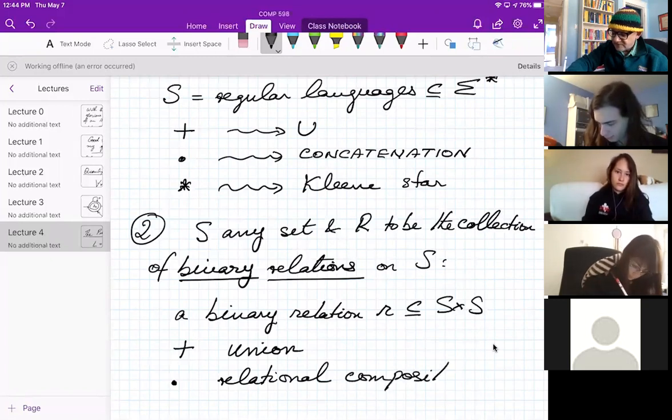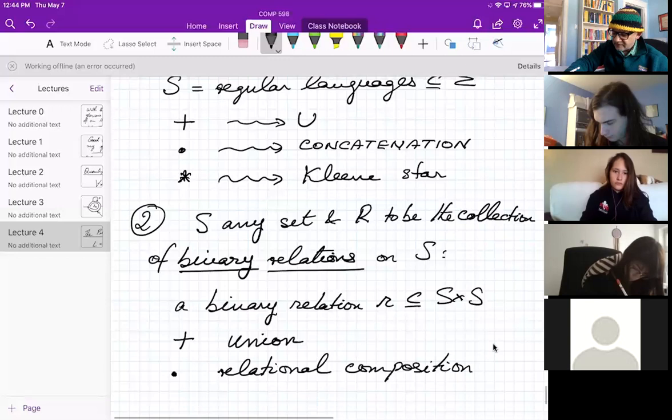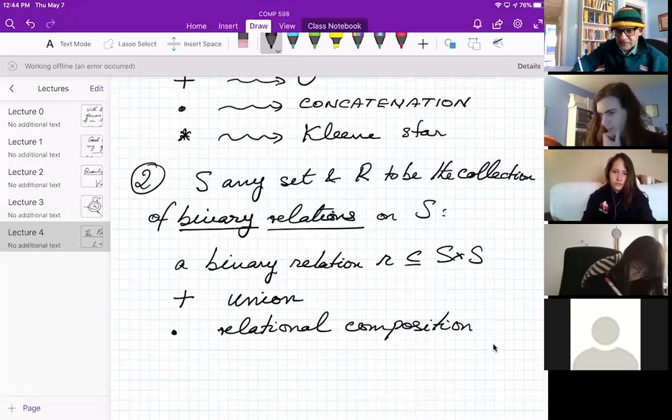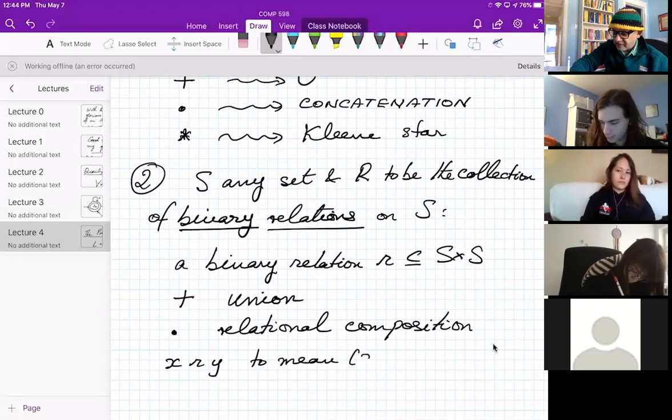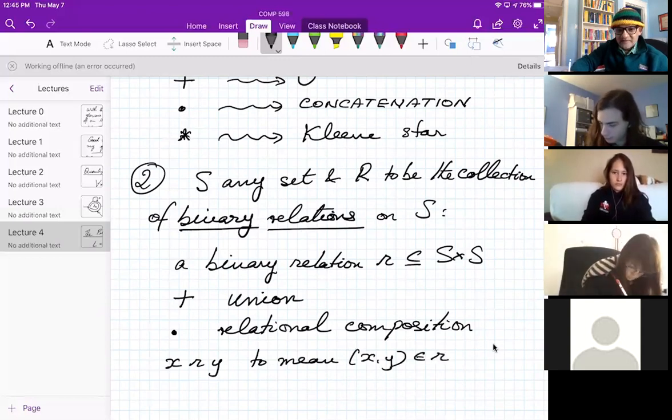And what does that mean? So remember, we use notation like X R Y to mean the pair XY belongs to the relation R. That's considered kind of dorky to write it like that.